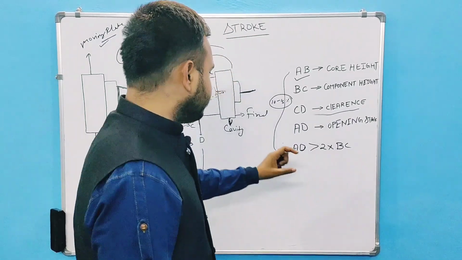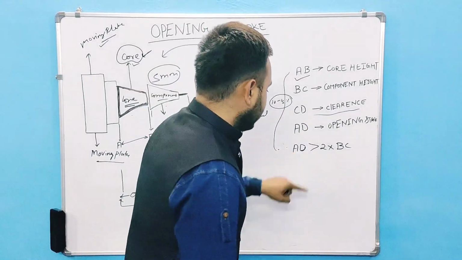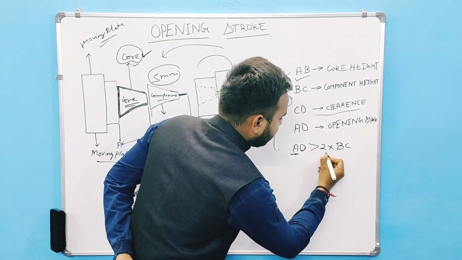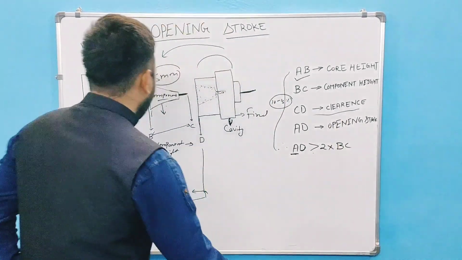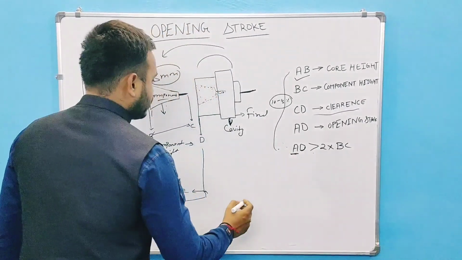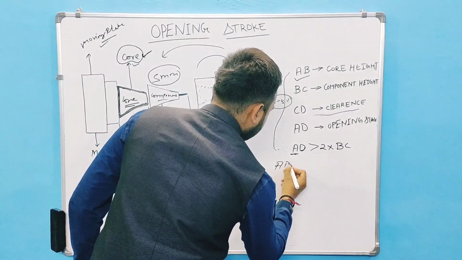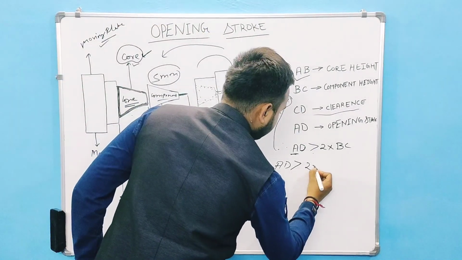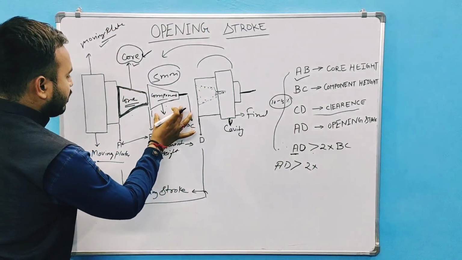For example, AD, there is a calculation. AD should be greater than 2 into BC. Now what is AD? AD is the complete opening stroke. So AD should be greater than which number? Twice the BC. BC means component height.